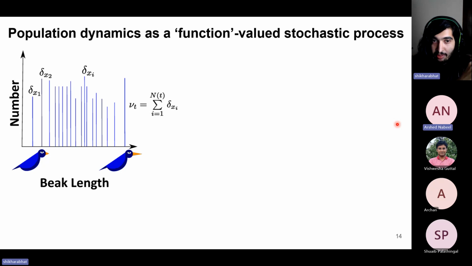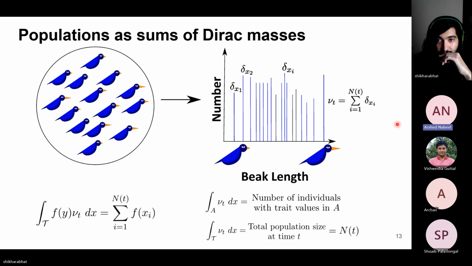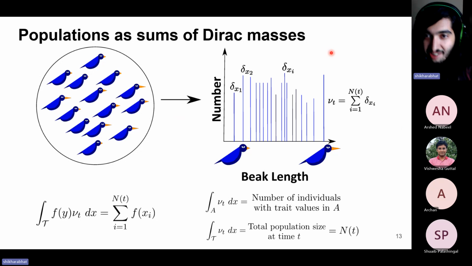By the way, you guys can stop me if you have a question. Yeah. So in the graph you drew there, it looks like the different Dirac masses have different heights. Does that have any meaning? Yeah, so there is no formal meaning because they're all infinite height if you try to draw them. Informally, what I wanted to convey is that the xi's in this sum need not be distinct.